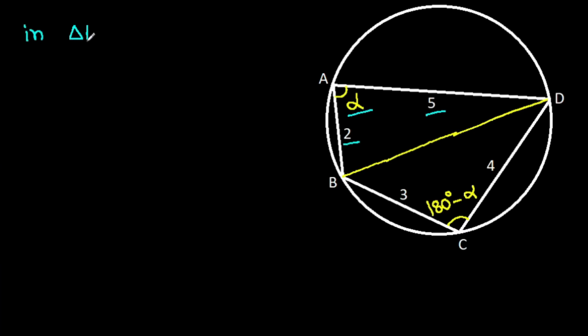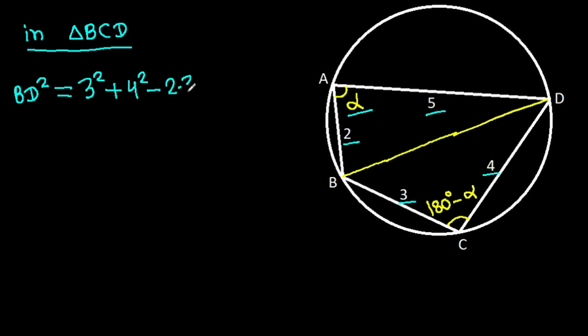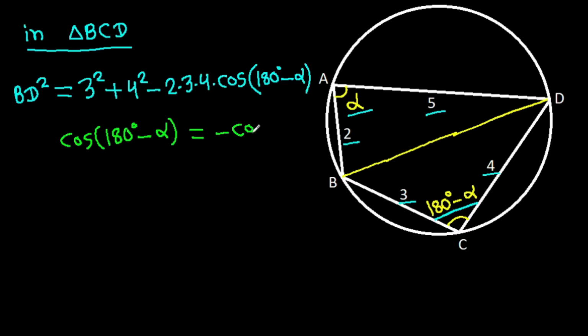in triangle BCD, BD square will be 3 square plus 4 square minus 2 times 3 times 4 times cos of the angle 180 degrees minus alpha, and cos 180 degrees minus alpha is minus cos alpha.